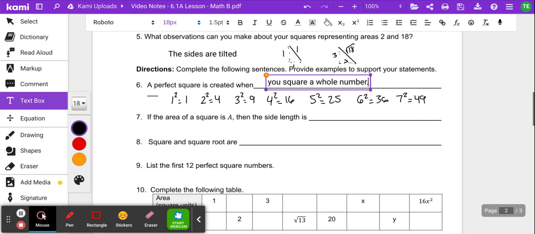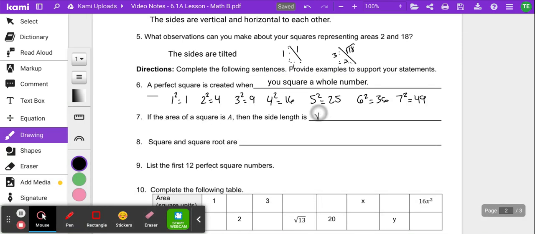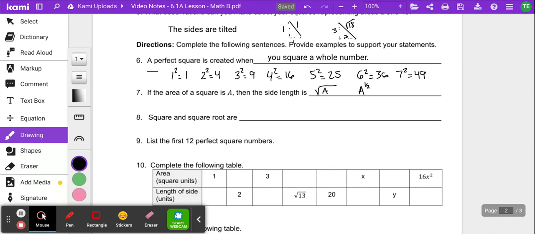If the area of a square is a, then the side length is the square root of a. Okay, we say the square root of a, or it's also known as a to the 1/2. It's a fractional exponent. When we square a square root, that's inverse operations.